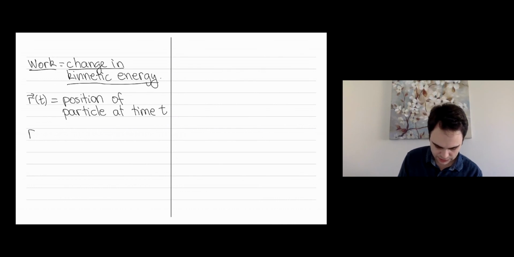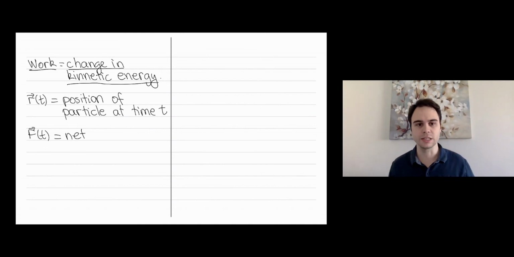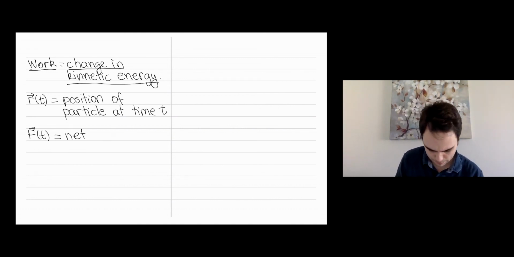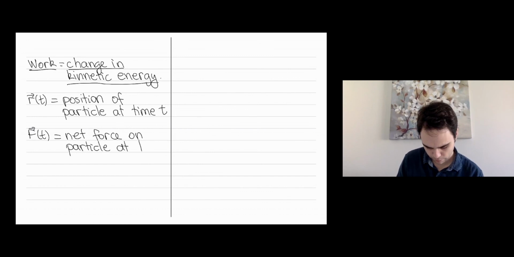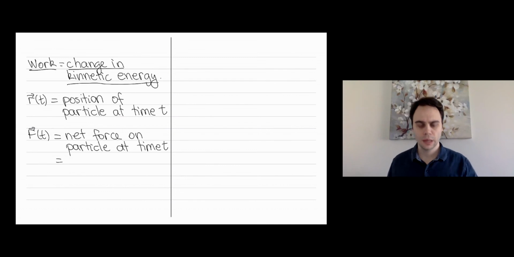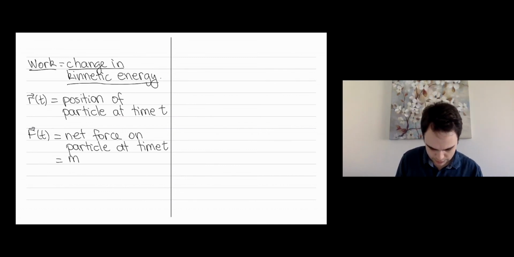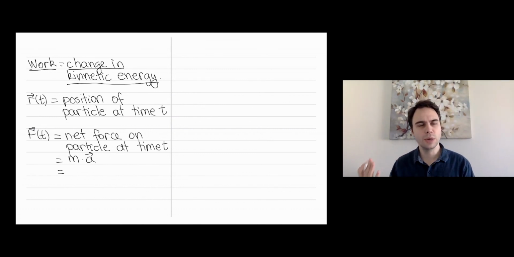And that F of t is the net force on the particle, so the sum of all forces acting on this particle at time t. And according to Newton's second law, this is the mass of the particle times the acceleration of the particle at that time, a, and the acceleration is the rate of change of the velocity, which is itself the rate of change of the position.